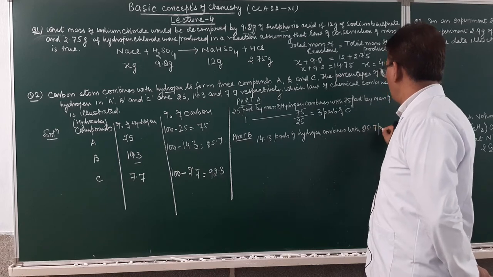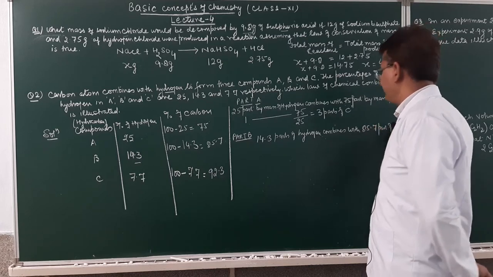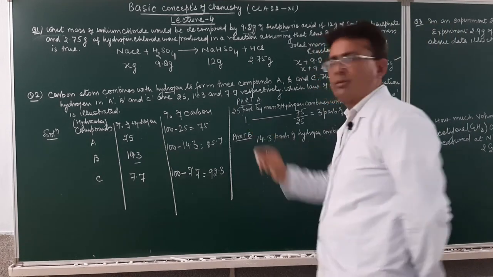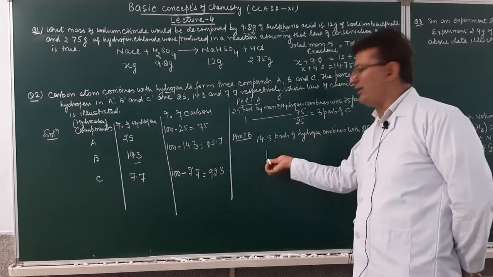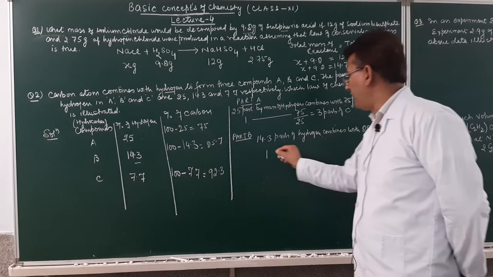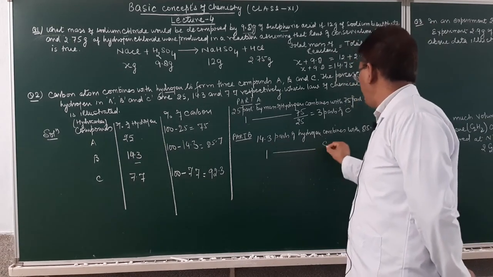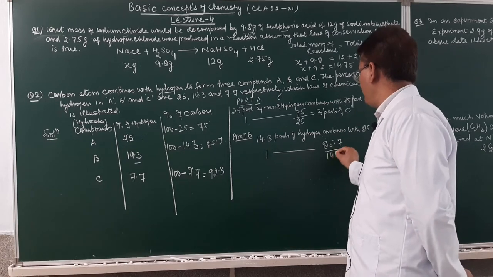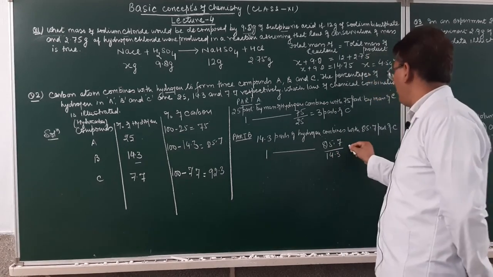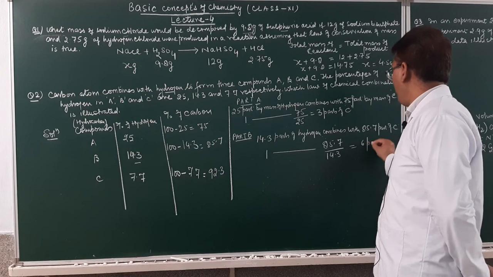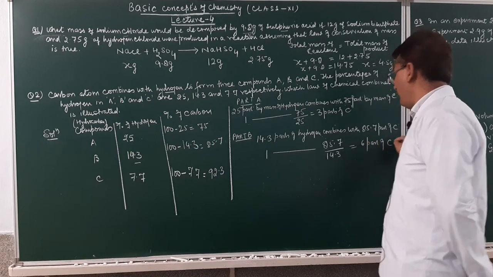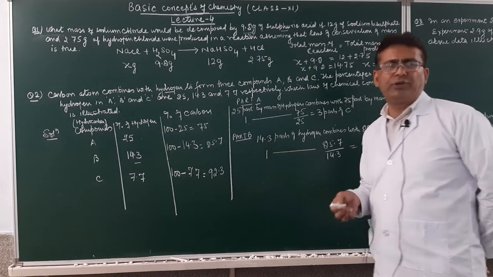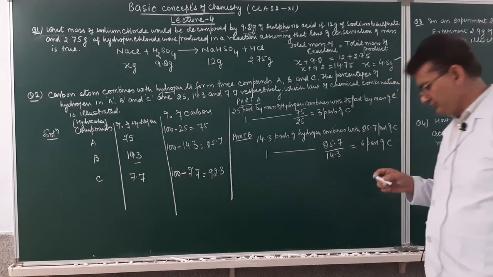Let me fix the mass of hydrogen as 1. If I take this as 1, it will be 85.7 divided by 14.3. And what will this mass come to be? It will come to 6 parts of carbon. I think it is very clear. I fix the mass of hydrogen and calculate the mass of carbon.